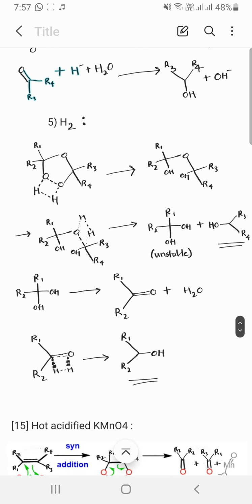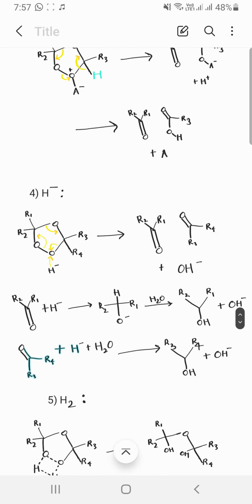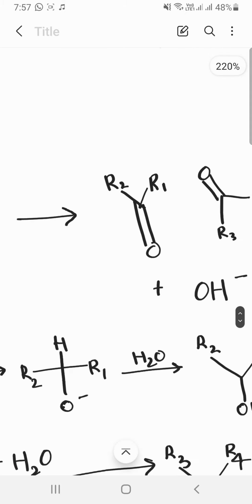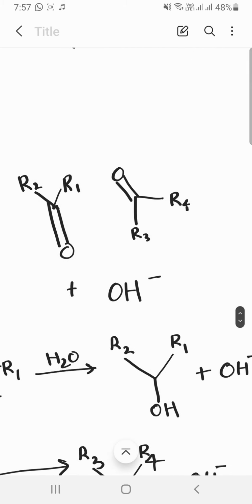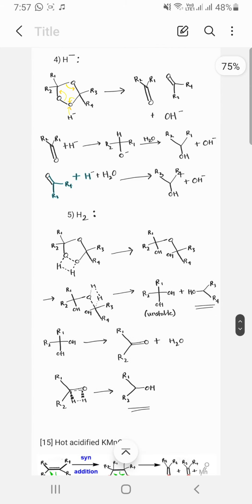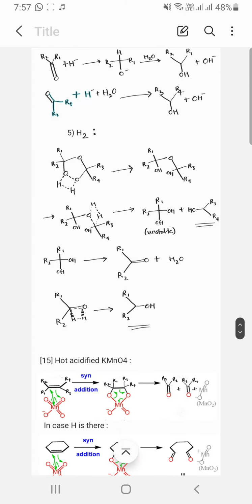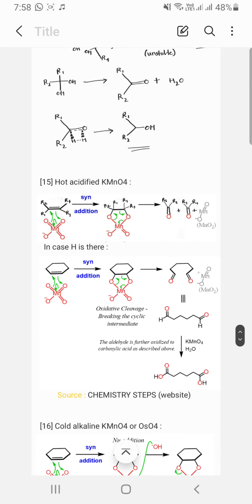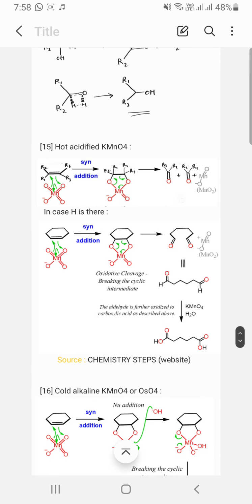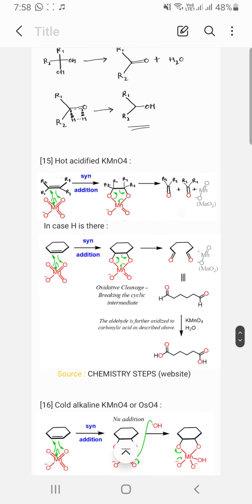Because it's a reducing agent, whatever these things are, these will get converted to alcohols most likely. Okay, H2, fine. That's fine. This is not bad.